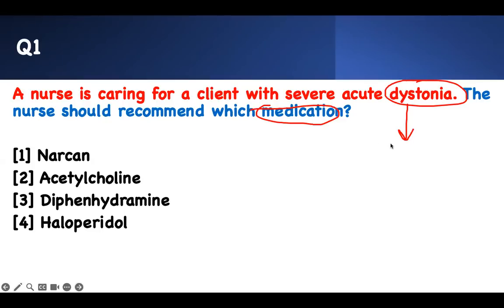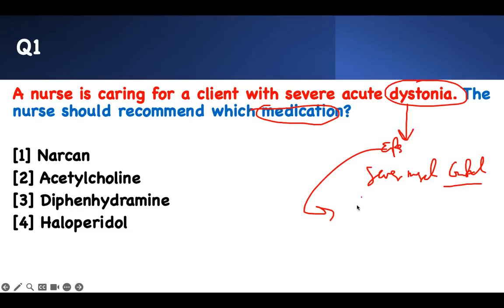Dystonia, you know this has to be related to extrapyramidal side effect. What is dystonia? It's usually severe muscle contraction. Therefore, this is related to muscle contraction. If it's an EPS, how do you break EPS? Treatment for EPS, there's a couple of portions of EPS. Akinesia, acute dystonia, right? Parkinsonism, and tardive dyskinesia.